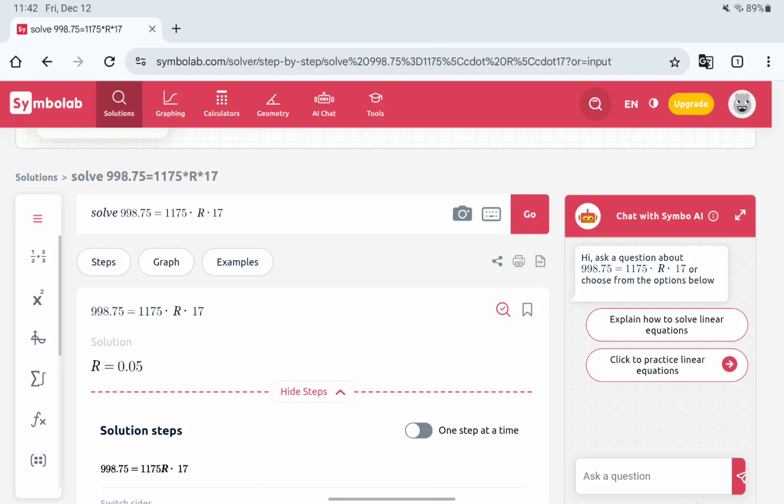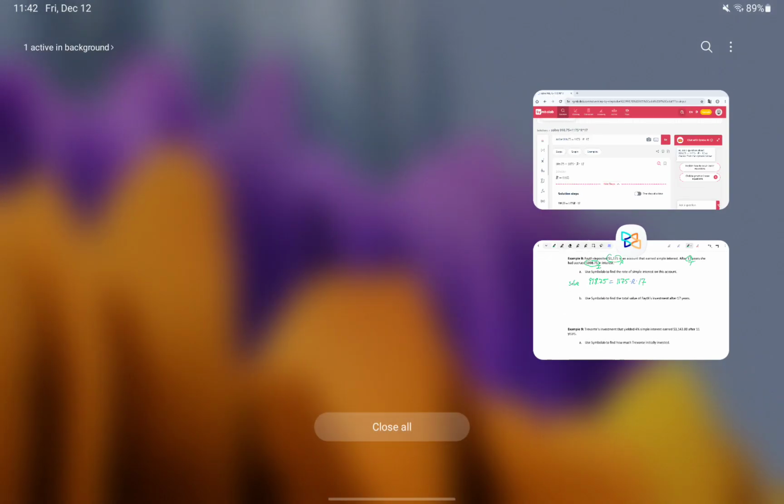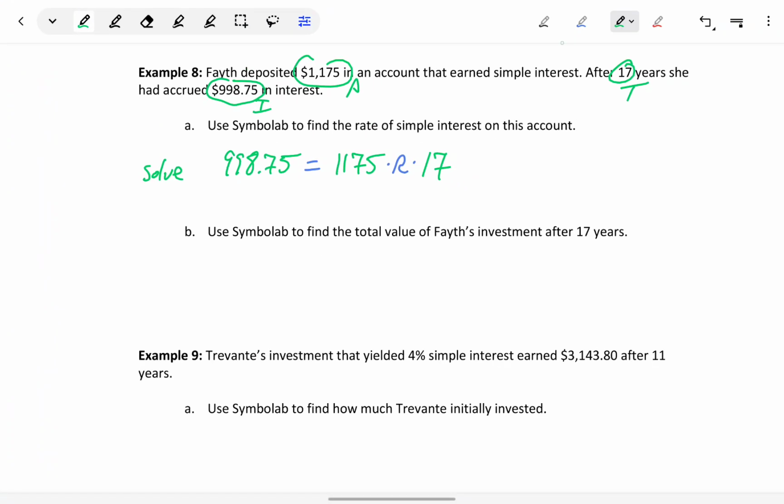And we get a result of 0.05, or 5% interest once we shift that decimal place 2 spaces to the right.